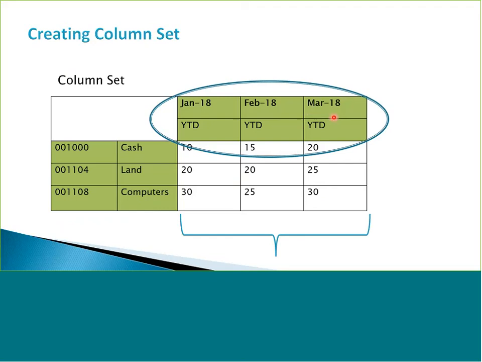Okay. So when we run the balance sheet report, we want it to run for March 2018, but we also want to see the amounts for February and January the same year, 2018. Okay. So our period of interest is March 2018.